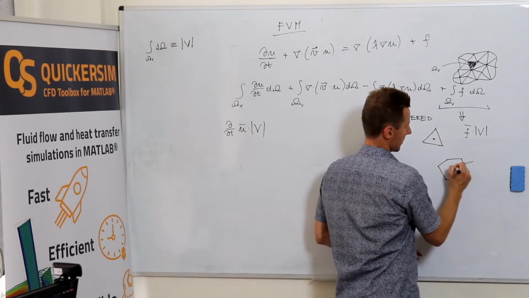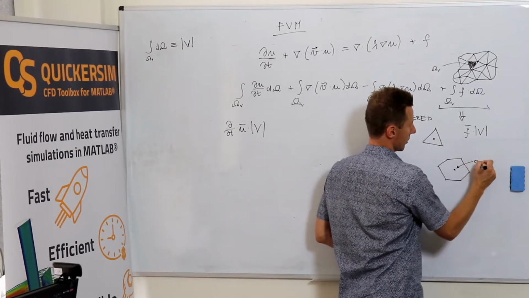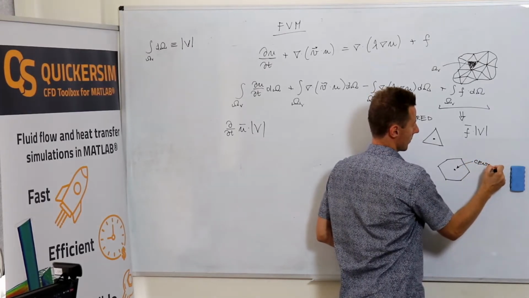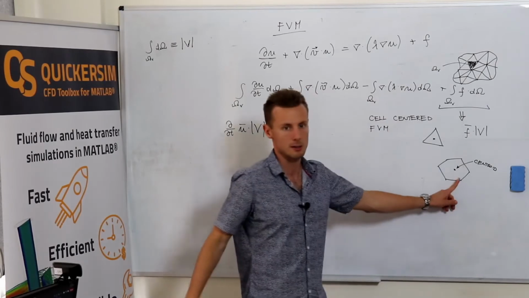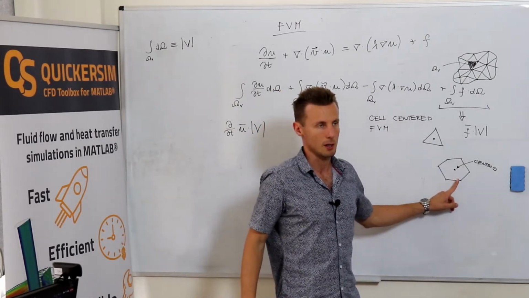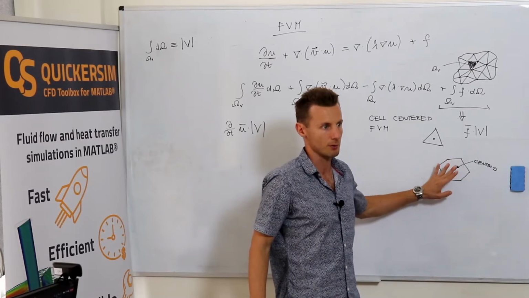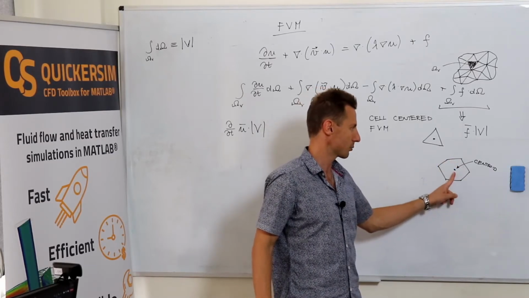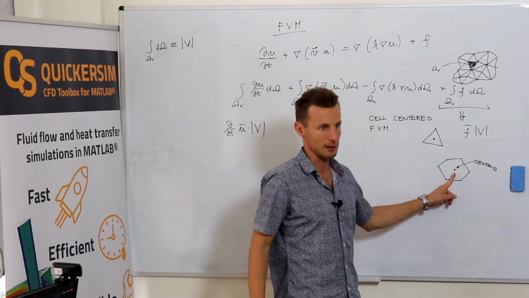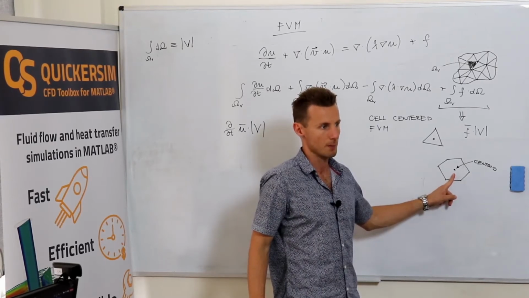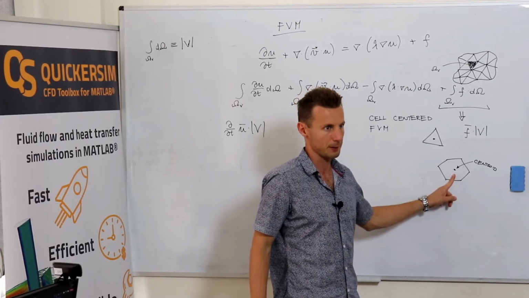The centroid is defined by calculating the center of mass of such a volume or area; it is located exactly at the center of mass.